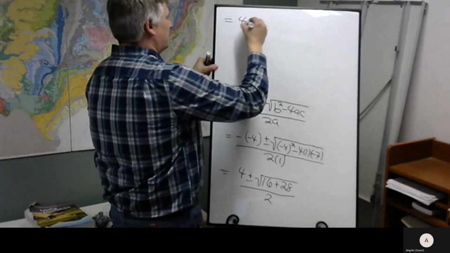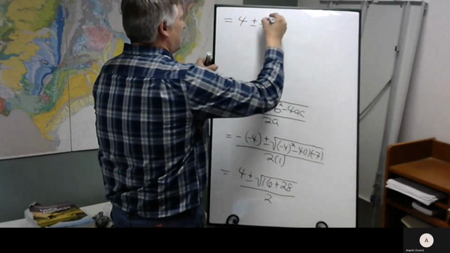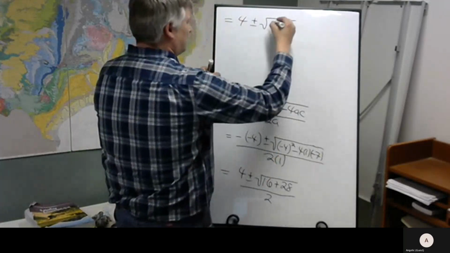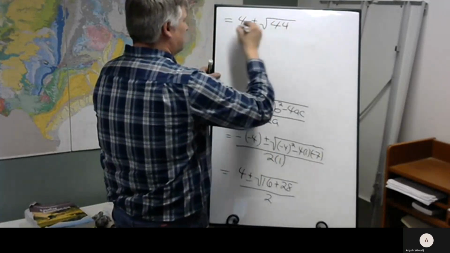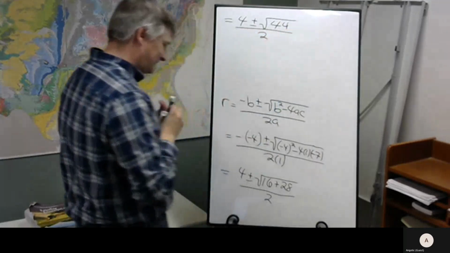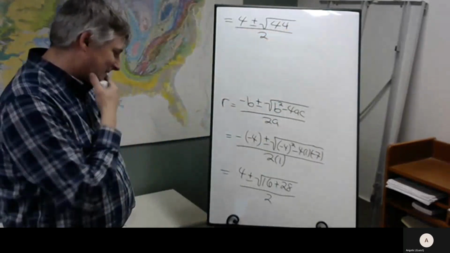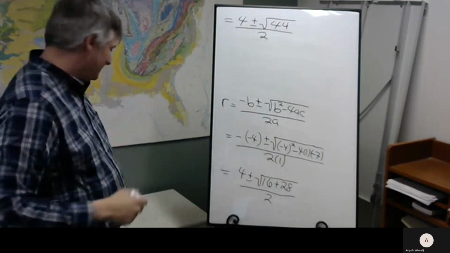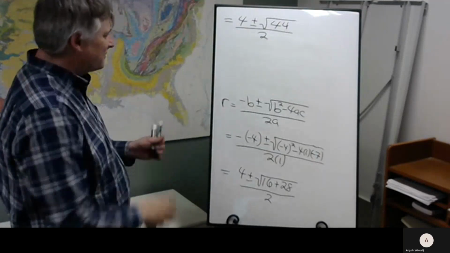So we get 4 plus or minus the square root of 44 divided by 2. Let's see here, yeah, that's right.